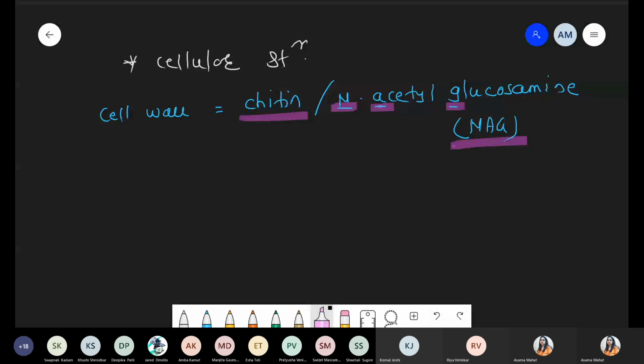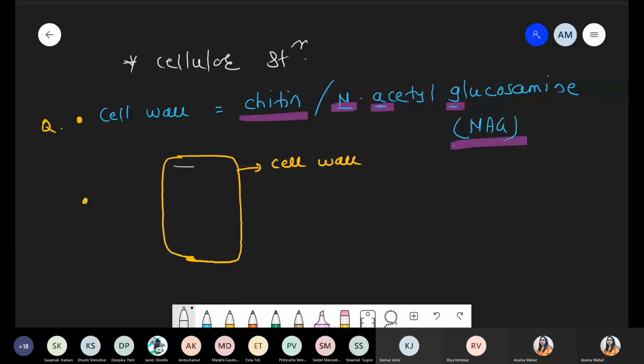So the cell wall is made up of the material chitin, or in other language, simply you can say NAG. Now, in case of this cellular structure, we have seen the cell wall. Another question: in case of fungi, there is a presence of only a single Golgi. Suppose this is the cell wall, which is made up of the chitin material.